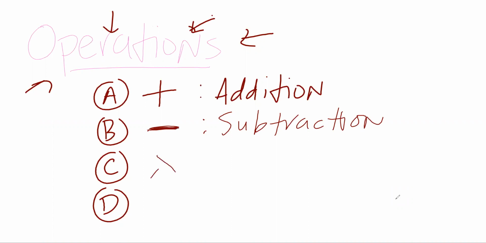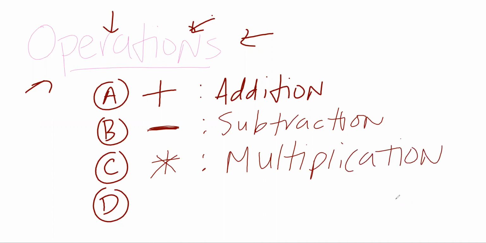And then we have multiplication. And again, there are many different ways we can write the multiplication symbol. And then we have division. So these are our four operations.